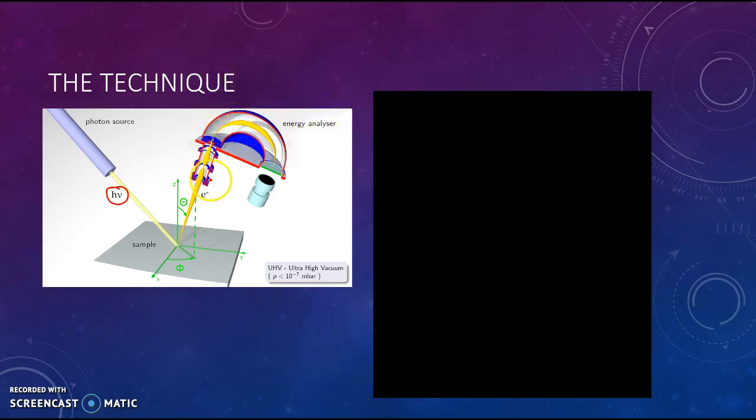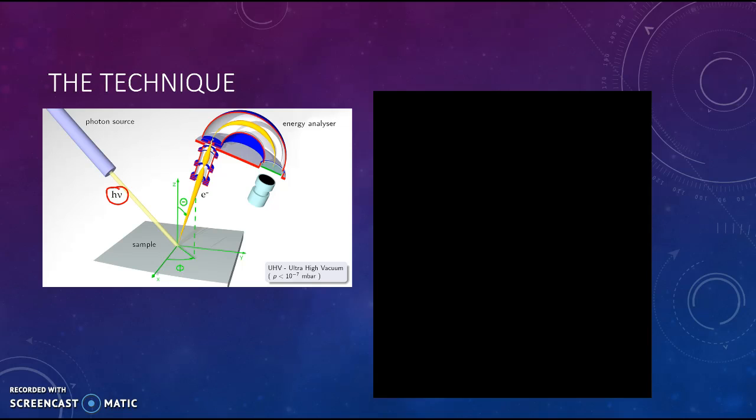This probably has magnets in it, because this is a charged particle, so it can deflect the electrons as they move. By the amount of deflection, the amount of field that's applied, you can get a measure of the kinetic energy of the electron.